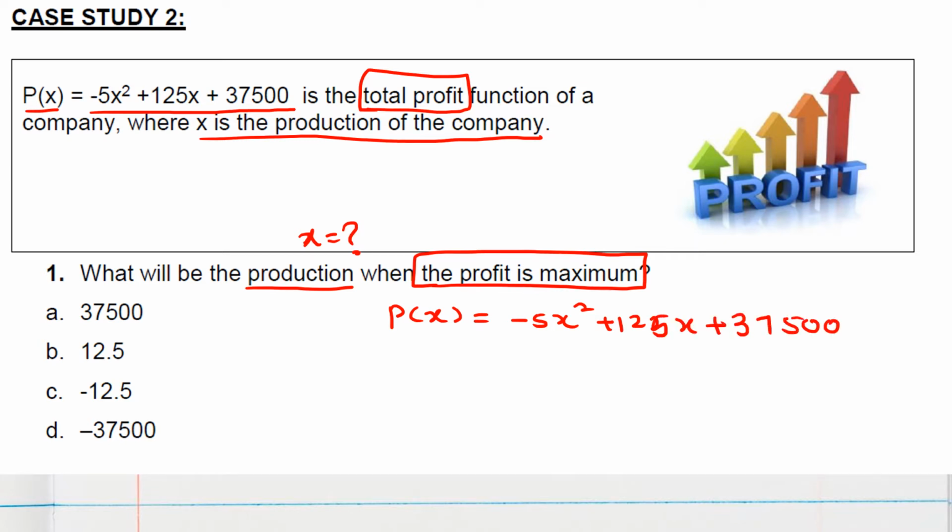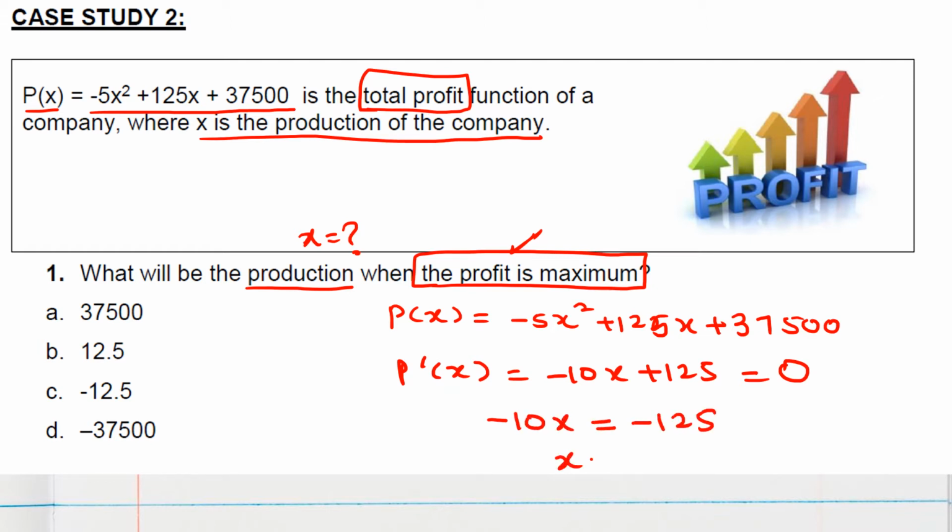So p dash of x will be minus 10x plus 125 and it is equal to 0. Because profit should be maximum, that's why we are equating with 0. So minus 10x equal to minus 125 we can write. X will be 125 by 10 and that will give 12.5. So this is the production. So option B is correct.